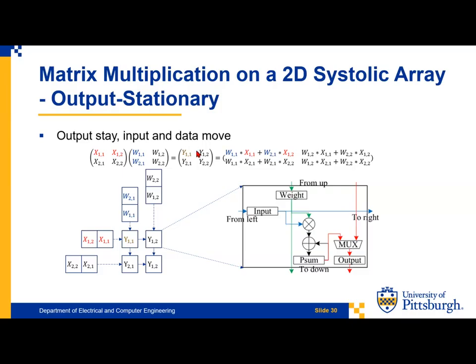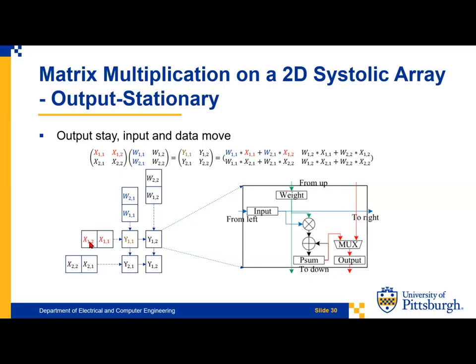y11 here. For the y11, we have the input x and weight multiplication, and for the y11, we expect to get the w11 times x11 added with the w21 times the x12, right? So here the x11 times the w11 and the result will accumulate inside the processing element.